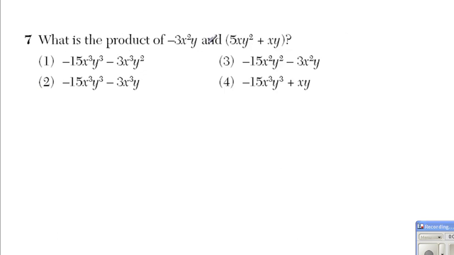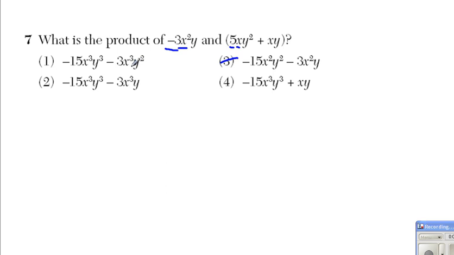Right. Now, for the product, we just have to be careful in terms of multiplication. Notice that negative 3 is multiplying 5, so we should have negative 15, which will be the case for all of them. But when x squared is multiplied by x, we should have x cubed. That means this one is out.